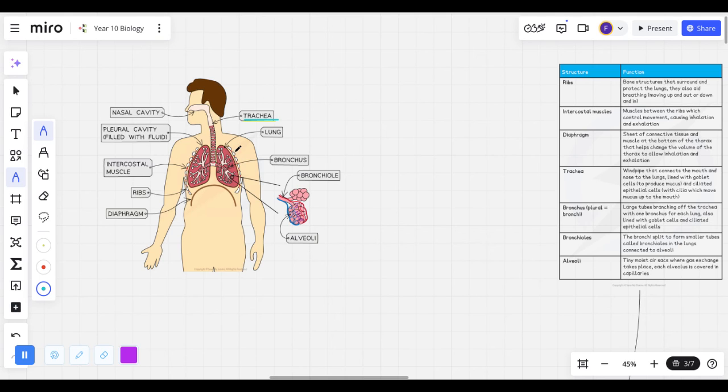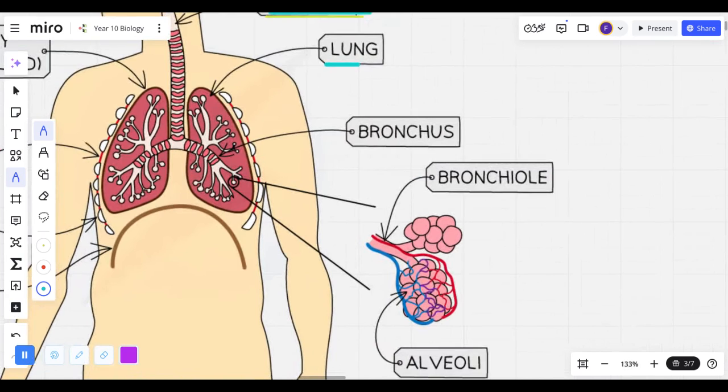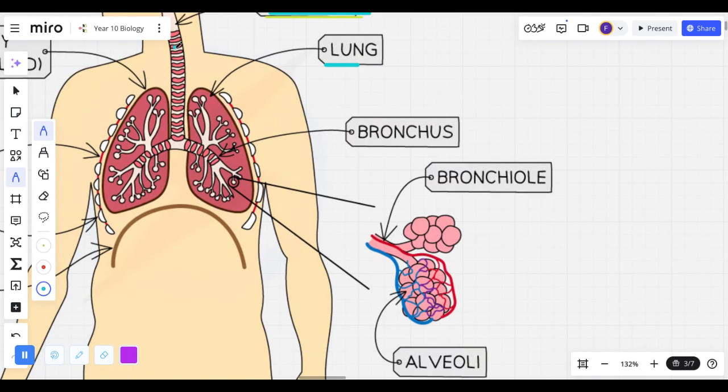You have your lungs themselves, and if you look very closely, from your trachea coming down here, these big tubes here at the bottom are called the bronchus. If there's more than one, if you're talking about both of them, it's like hippopotamus, hippopotami. Bronchus, more than one bronchus, bronchi.